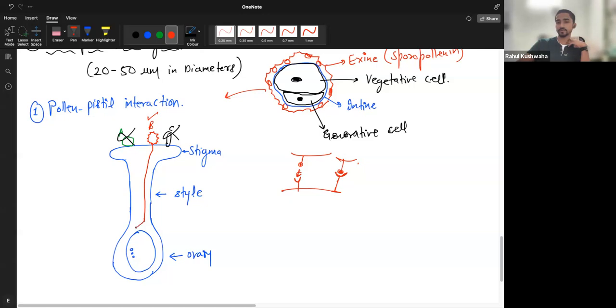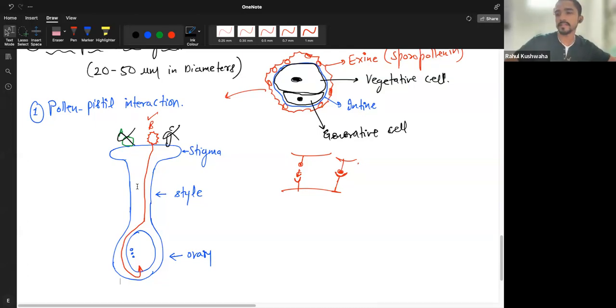It goes all the way around and always enters from the bottom. Why? We'll come to know later. But is that clear? The interaction is clear, everyone? Perfect.